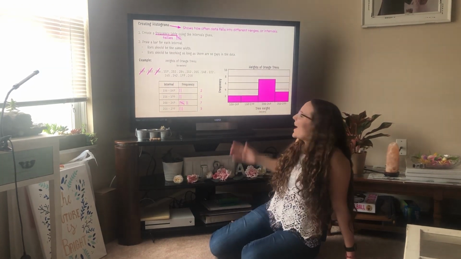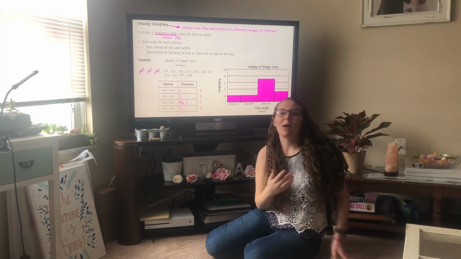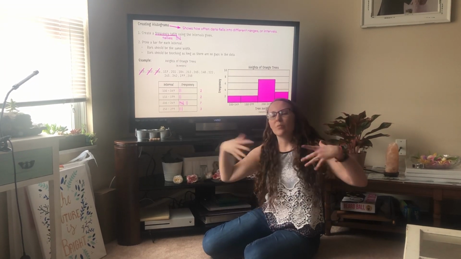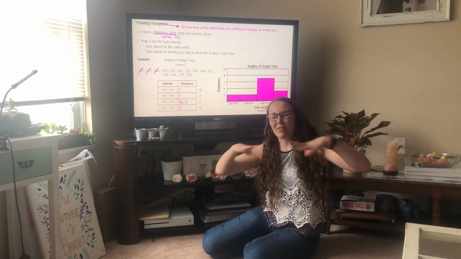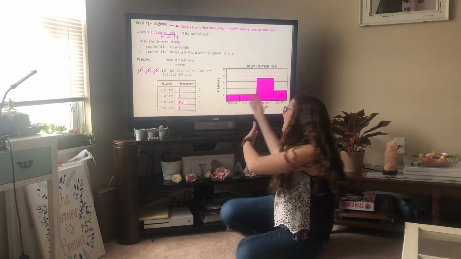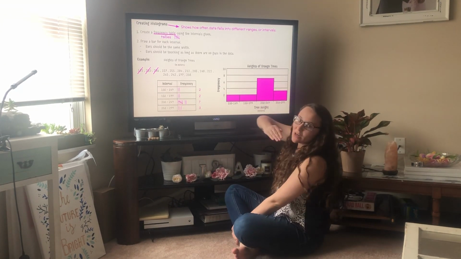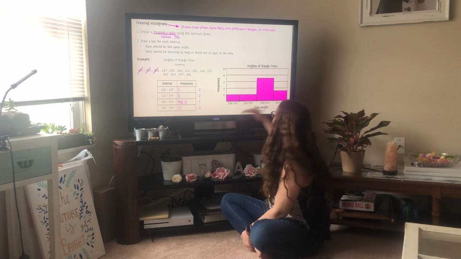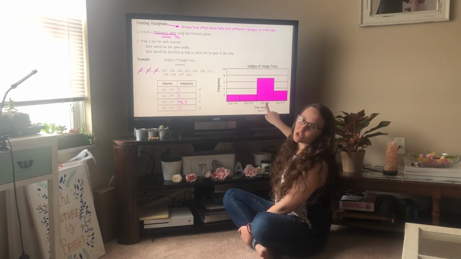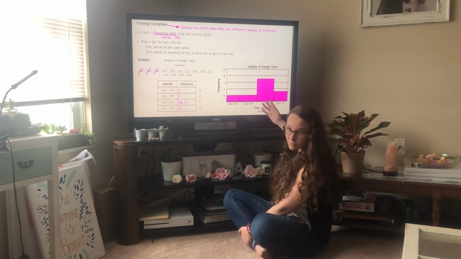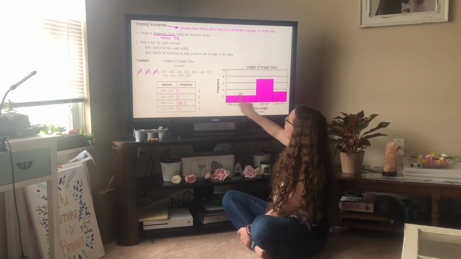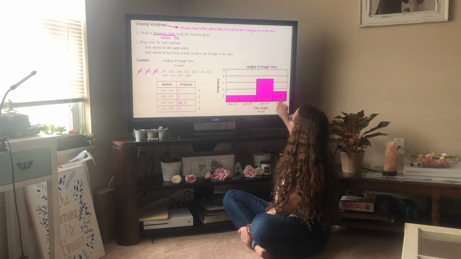Okay? So now if I look at my histogram, it really helps me see where my numbers are and how they are spread out, how that data set is spread out. So once it's like this, I can see that the majority of my numbers, or the most numbers, were between 200 and 249, right? And then the least amount of numbers were down here and then over here.